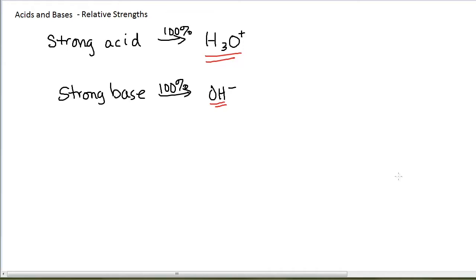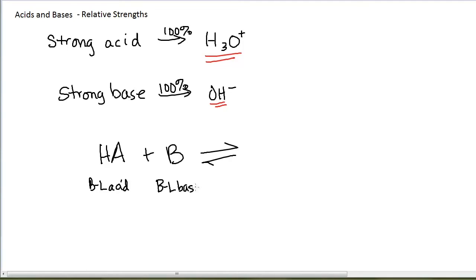Now if we want to look at a conjugate acid-base reaction, I'm just going to write a generic one. If HA is my Bronsted-Lowry acid in this reaction, it has to have a hydrogen in order to donate it, and we'll call our Bronsted-Lowry base B. If this is in equilibrium with their conjugates, HA, being the Bronsted-Lowry acid, will donate its proton to B, being the Bronsted-Lowry base, and so HA will become A minus.